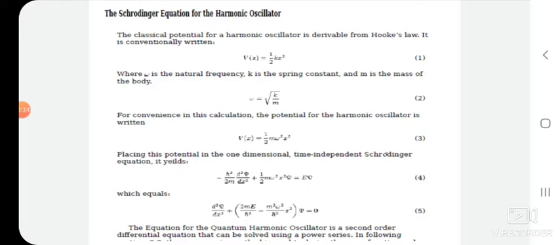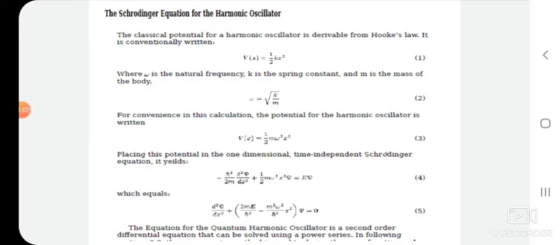After this chapter ends, only one chapter is left, that is the hydrogen atom problem. Means within 4 to 5 lectures our syllabus will be over. So let us start to derive the Schrodinger equation for a harmonic oscillator.